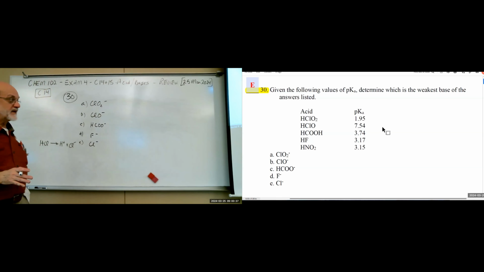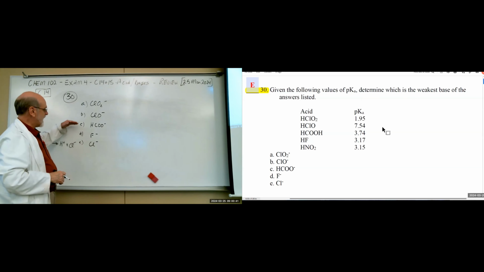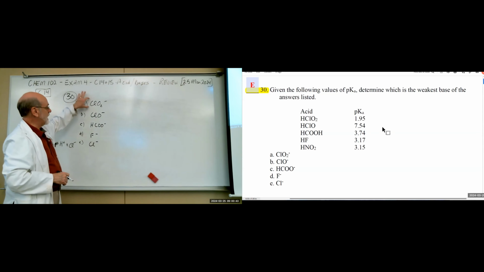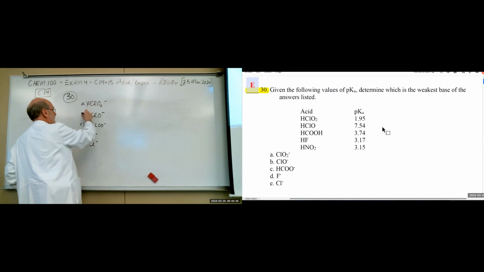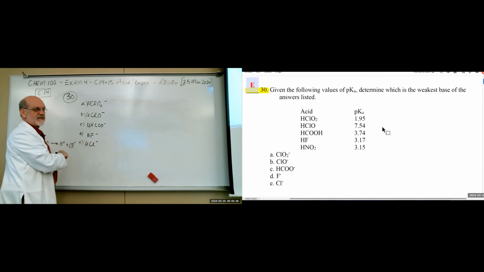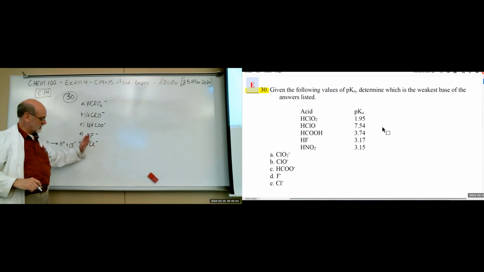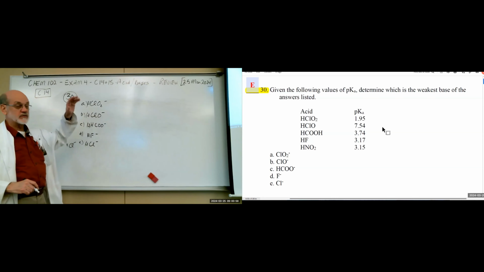So the weakest base comes from the strongest acid. These guys are all weak acids. If you add a hydrogen ion to them, that's a weak acid, weak acid, weak acid, weak acid from a strong acid. This one is the weakest base, that chloride ion. It's the very weakest base out of all of those.